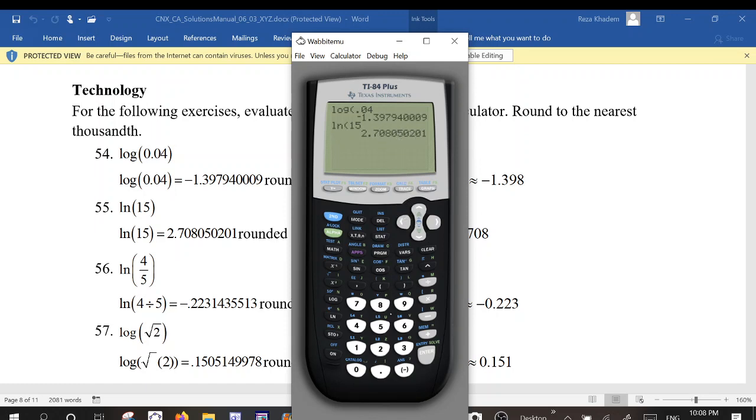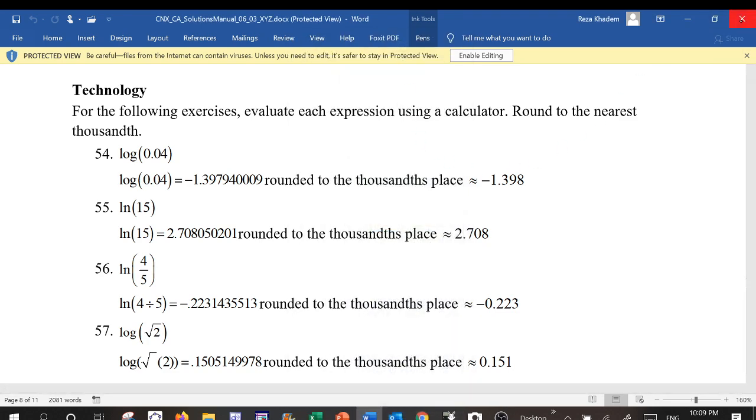What's ln 4 divided by 5? It's that. What's log of the square root of 2? There. Okay, so that's how we use the calculator.